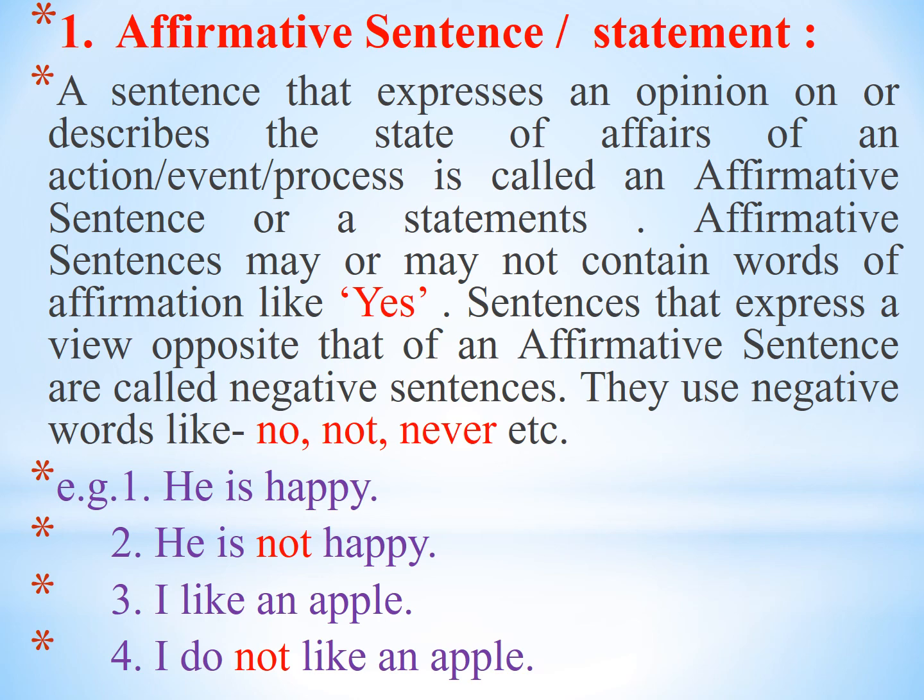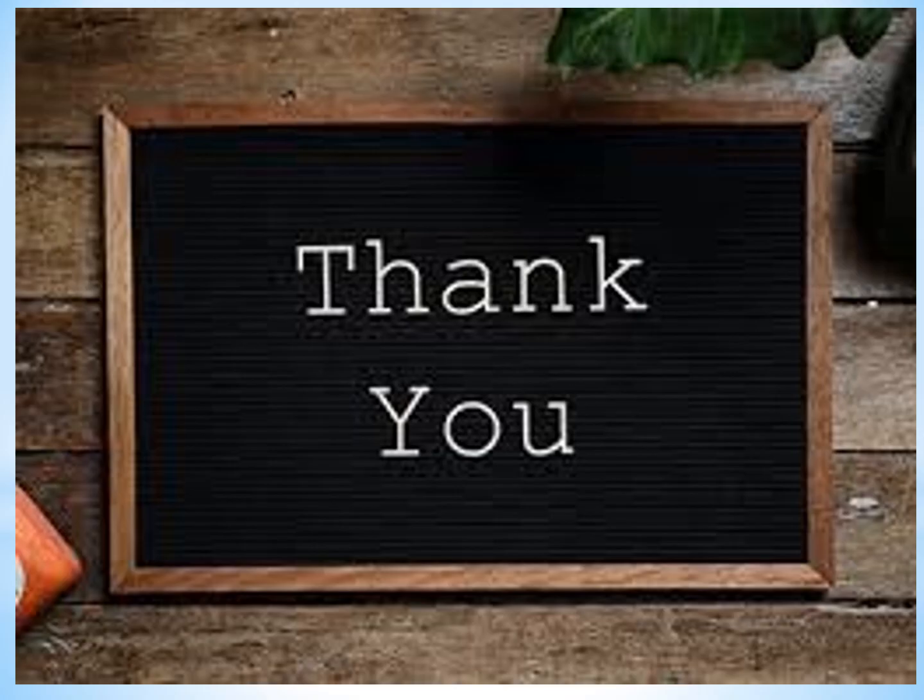This word not has made the affirmative sentence into a negative one. Then, I like an apple. When we add not after do, it becomes a negative sentence: I do not like an apple. In this way, these are examples of affirmative sentences.